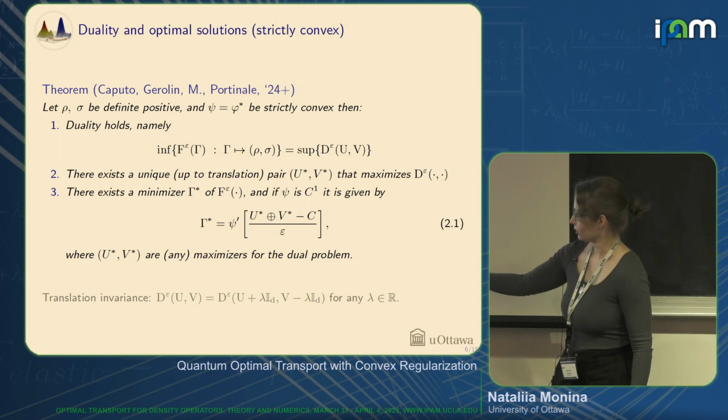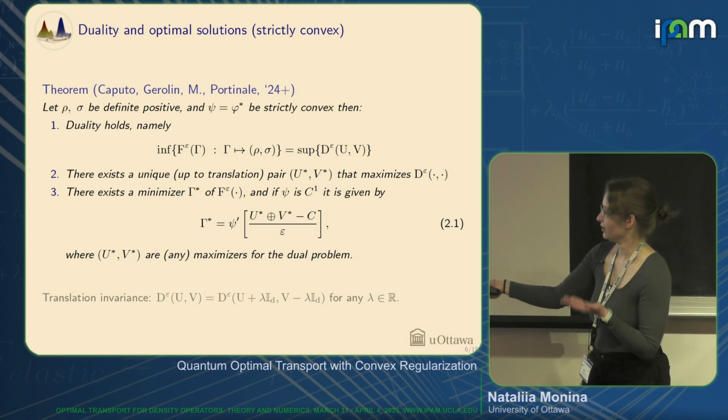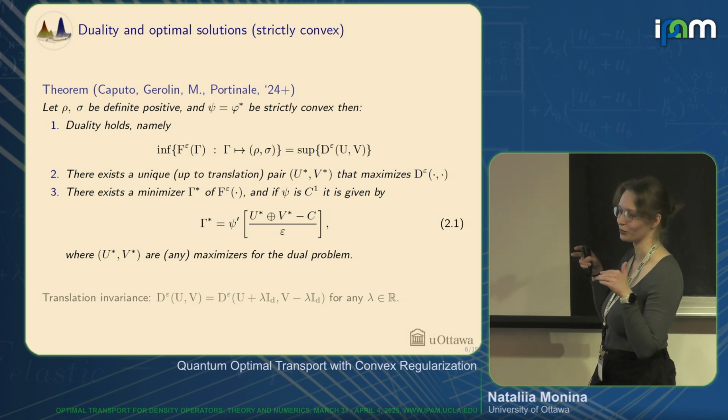So we always have this translation invariance, which is a little bit annoying if you want to get some coercivity.